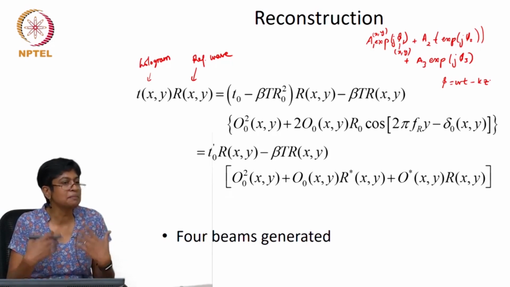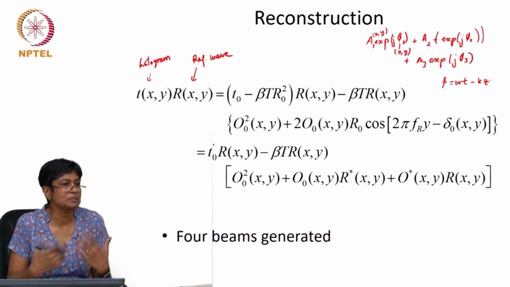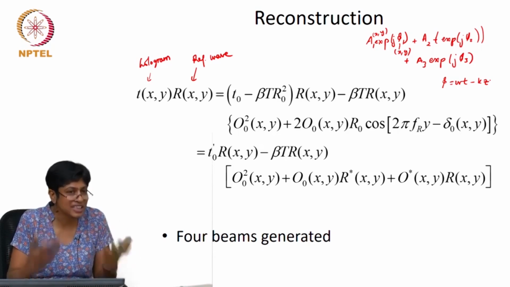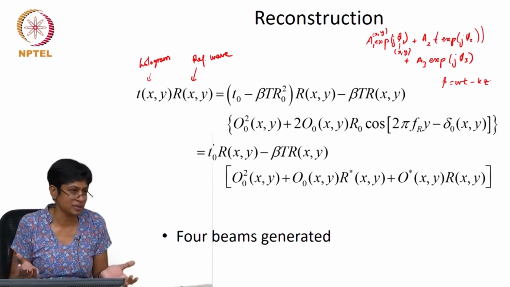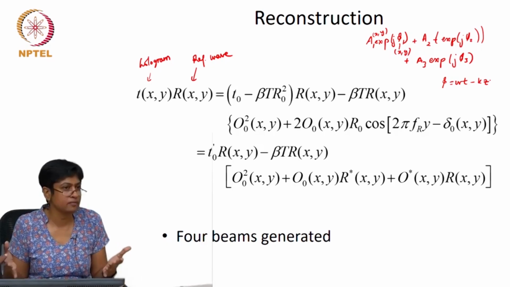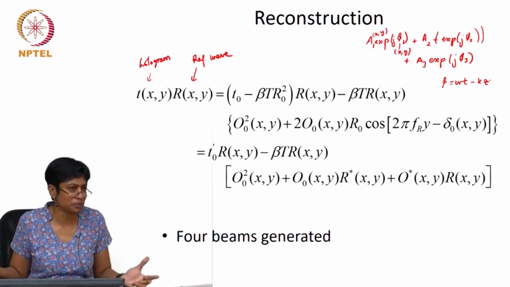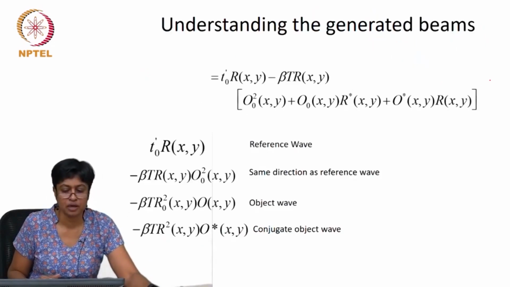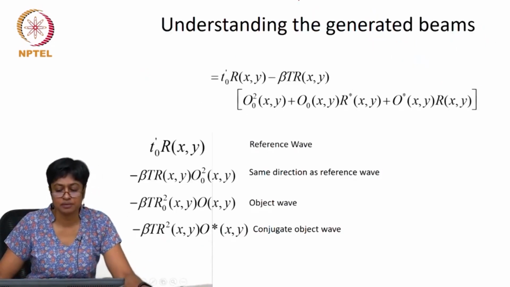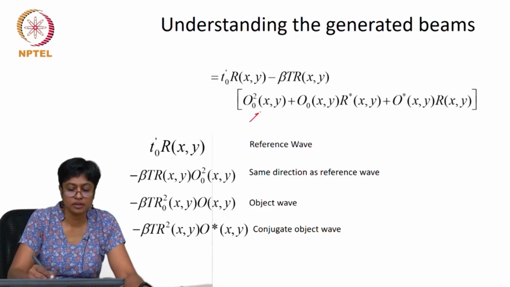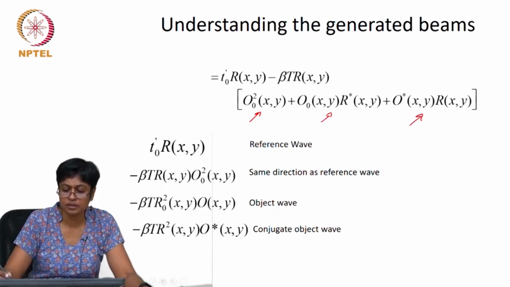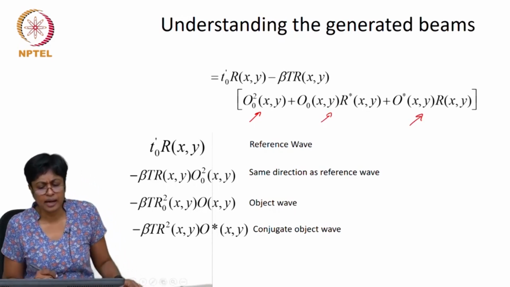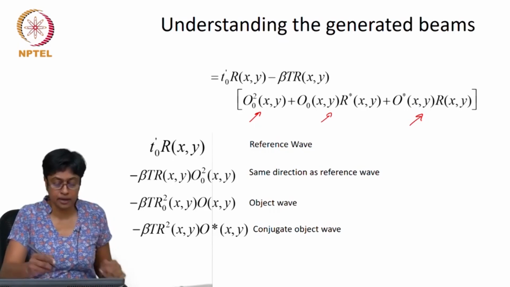It means having the reference beam incident on the hologram generates a number of beams, and there are 4 terms, so I can quite confidently say it generates 4 beams. Okay. What do those 4 beams mean? So, this is our expression. You have this, you have this, and you have this, okay, and of course this.